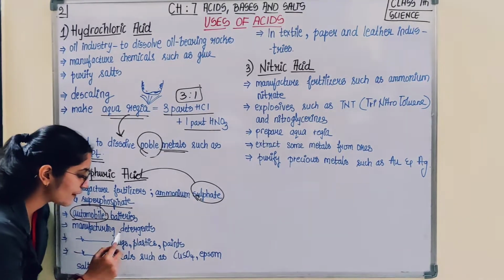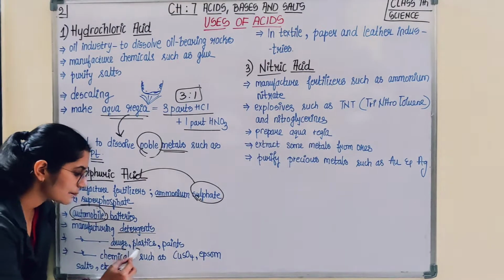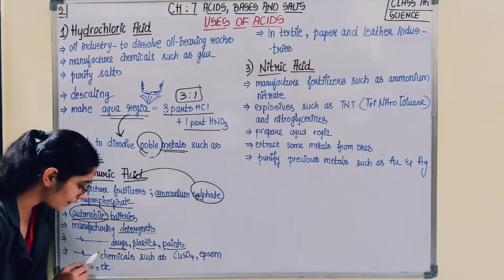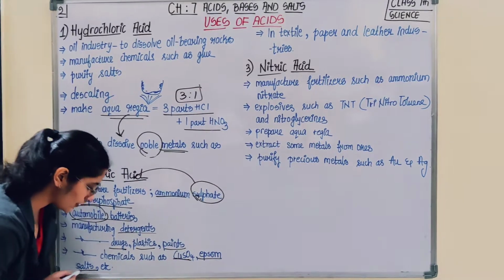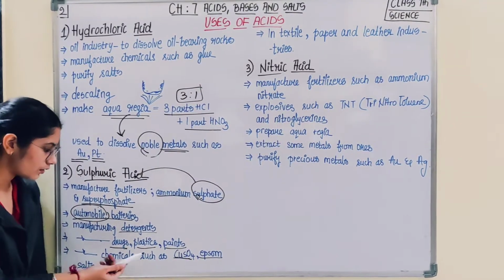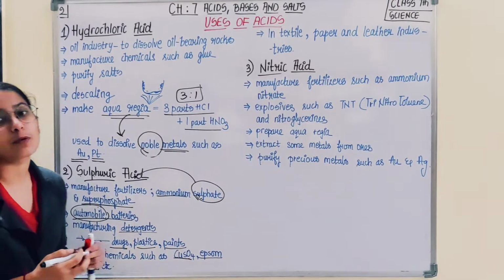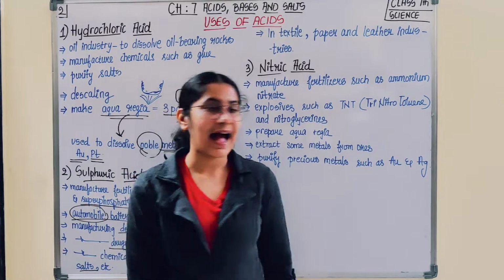Apart from this, manufacturing detergents, drugs, plastics, paints, or chemicals such as copper sulfate and Epsom salts. Many chemicals, drugs, paints, plastics, detergents, automobile batteries, their manufacture requires sulfuric acid.